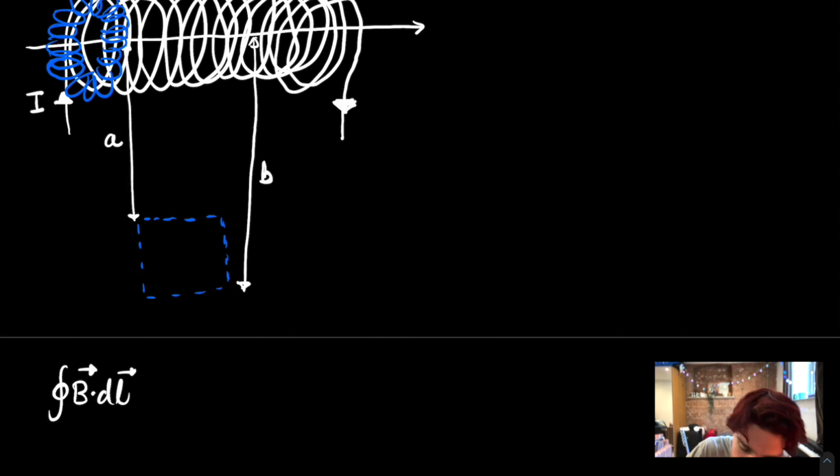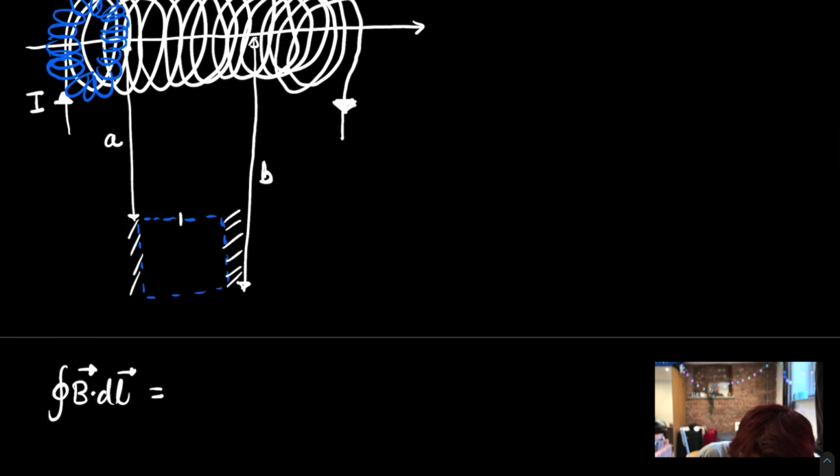So the radial component of B is simply equal to 0, which means that these two sides, which of course signify the radial component, are equal to 0 right here. So we're only going to get this side and this side actually contributing to anything.